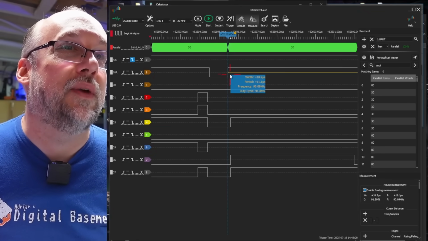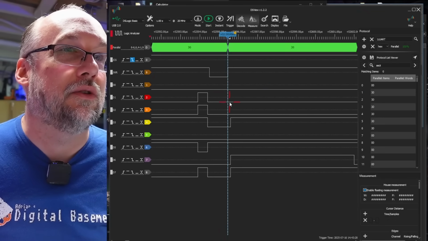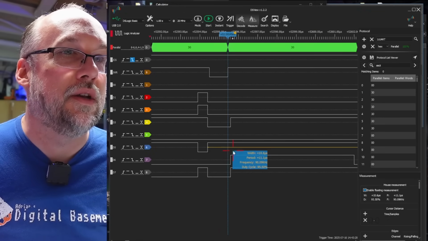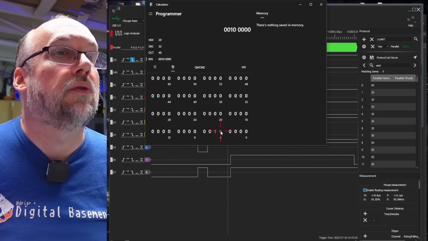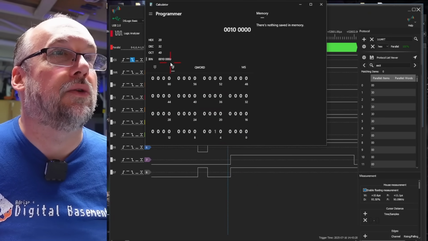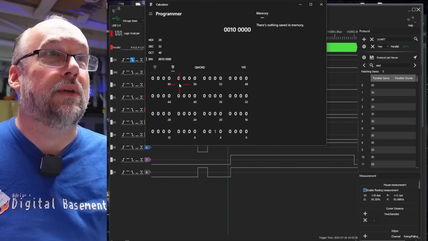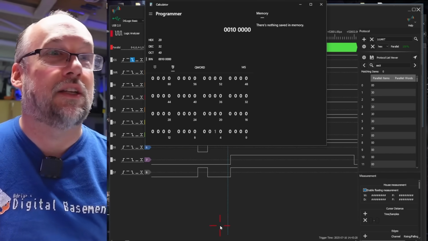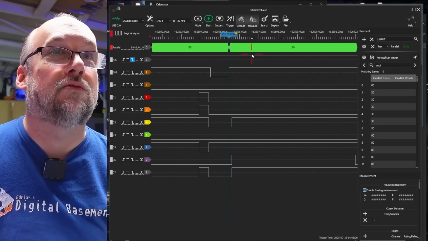Okay, so this doesn't quite make sense. The decoding's not working, I don't think. 00100000, which if we turn off that bit, just like we see, that is hex 20, which is a space. So that confirms it is writing space.